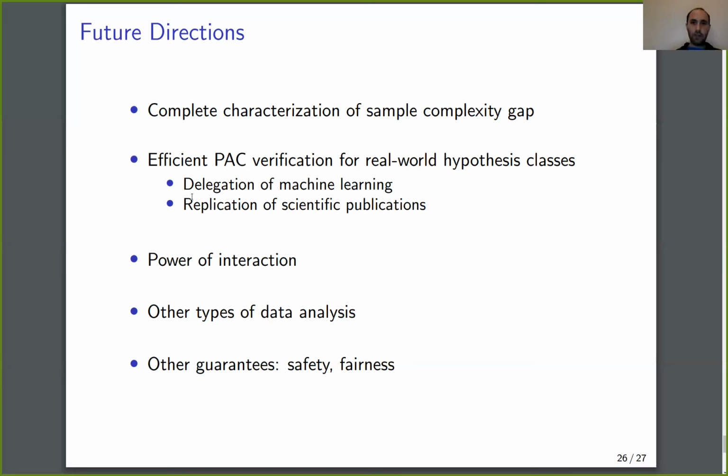Another direction is to develop PAC verification protocols for replication of scientific publications. This is another motivation that might be interesting for PAC verification. Let's say someone publishes a paper where they did an experiment and they say, here is our experiment, and these are our results and the conclusions from the experiment.